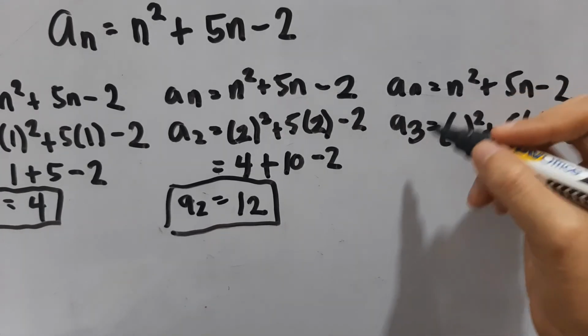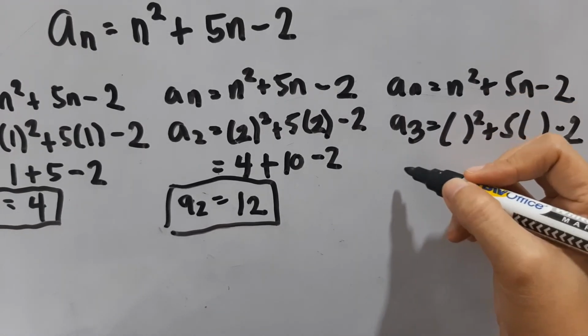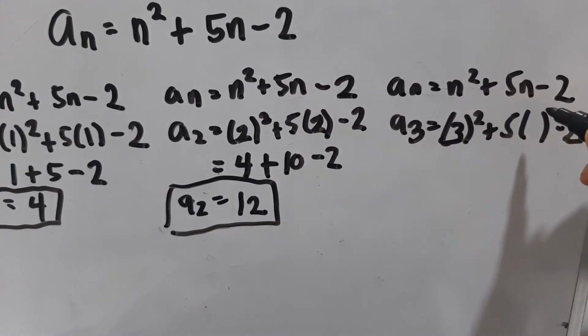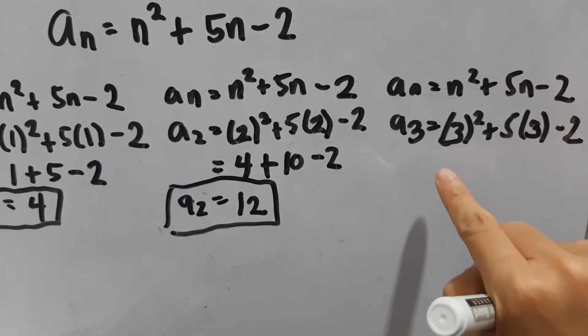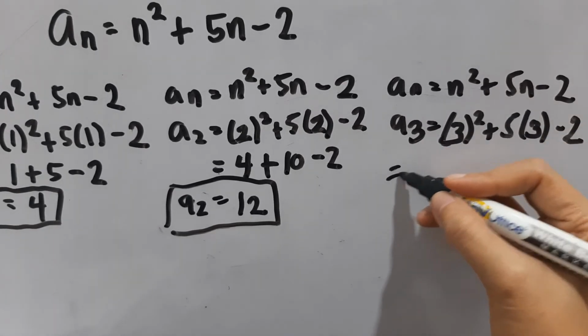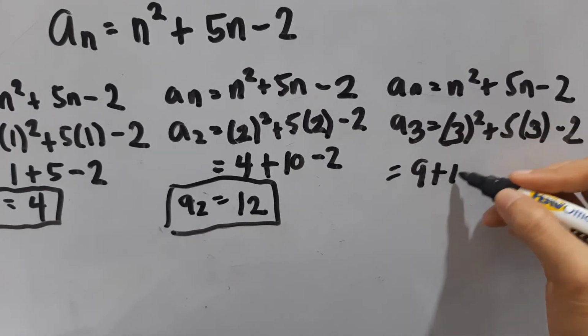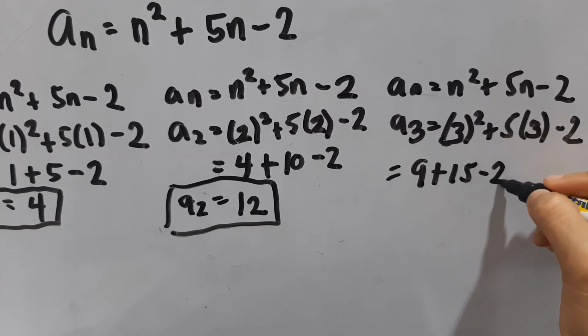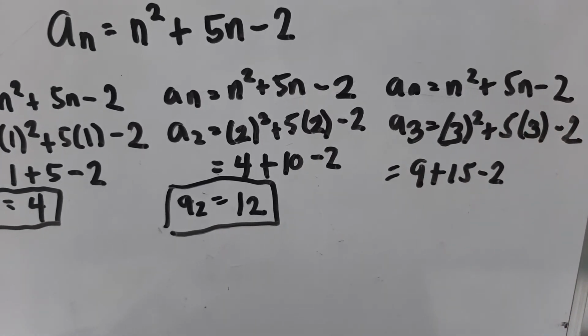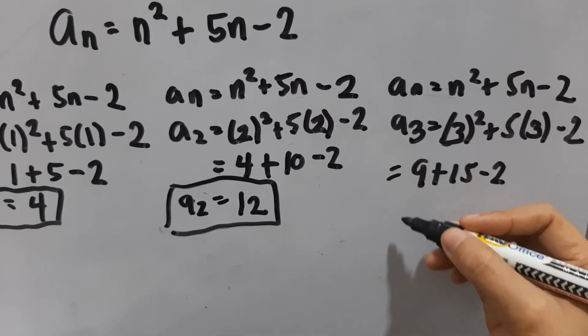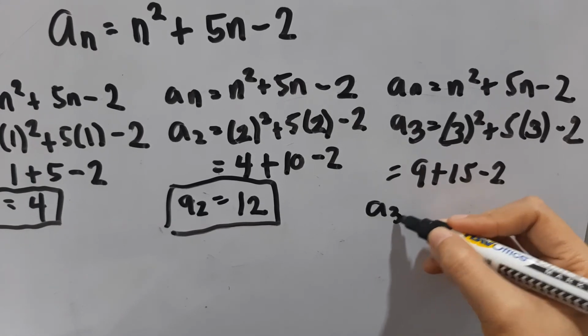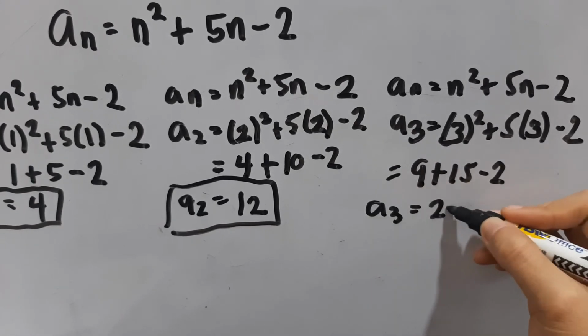Okay, so that's replaced with 3. 3 squared is 3 times 3, so that's 9 plus 5 times 3, 15 minus 2. 9 plus 15 is 24 minus 2. So our third term is 22.